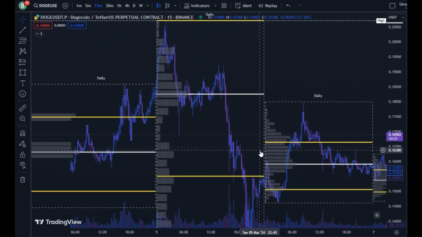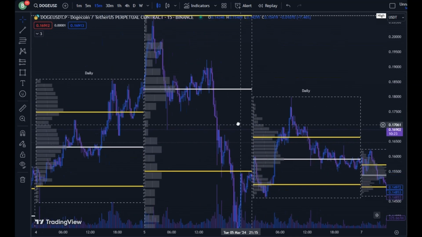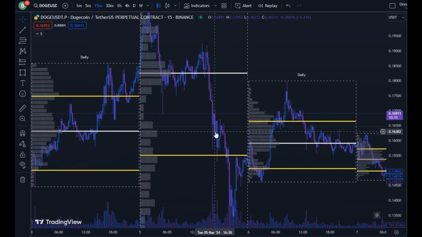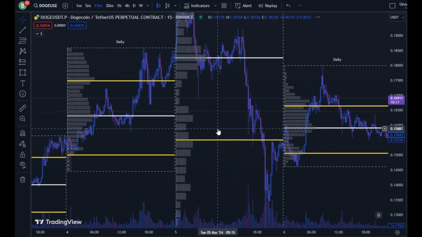Every time, price will be attracted to the point of control. And then, have we got any more examples? Dogecoin again. The problem with trading is you're not going to get the perfect setup. You can try and find the perfect setup, but you're not always going to get it.